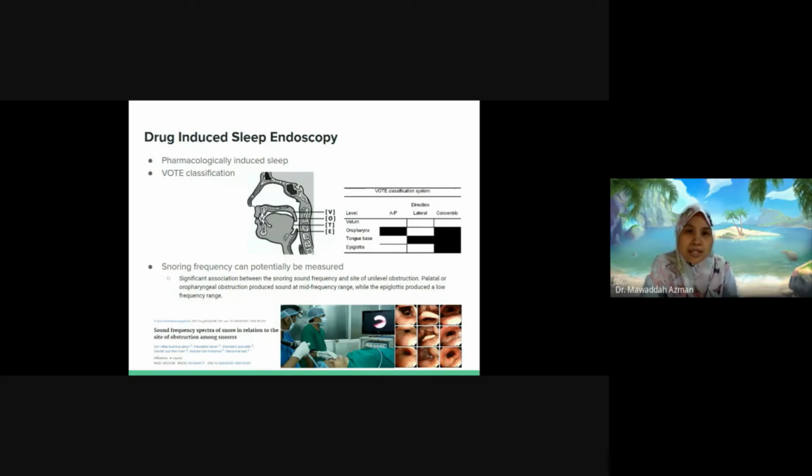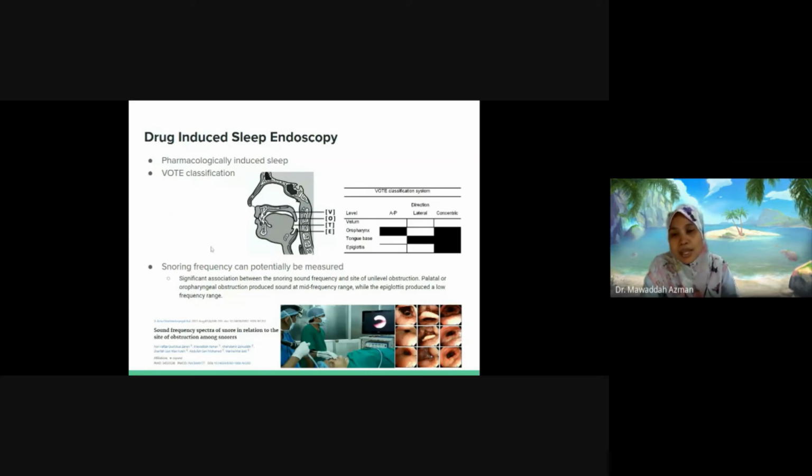In drug-induced sleep endoscopy, we perform endoscopy in patients who are asleep, but this sleep is pharmacologically induced. We give hypnotic agents such as propofol and a bit of painkillers like fentanyl, and we perform the endoscopy like what is done in the clinic during Muller's maneuver.